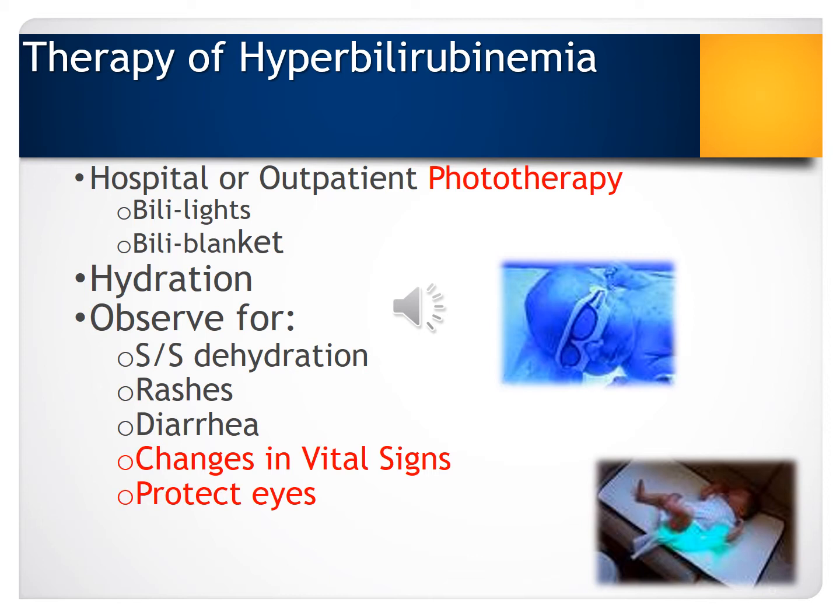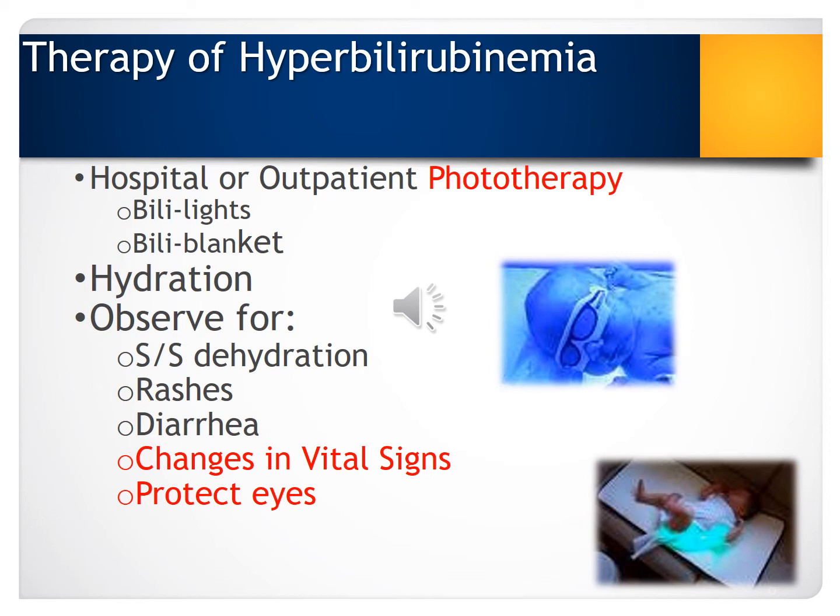And so phototherapy can happen under a special warmer where there are Billy lights. Those lights are directly on the baby, that shine down onto the baby, or a device called a Billy blanket.